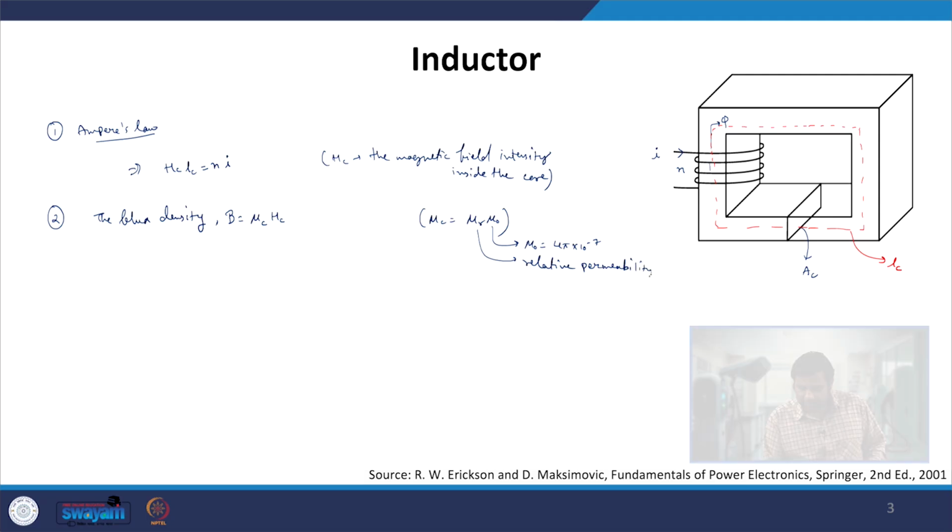Generally, relative permeability is very much greater, in thousands or hundreds. That is when we can say mu c is very much greater than mu naught.